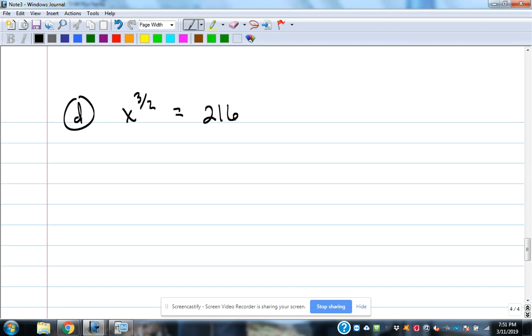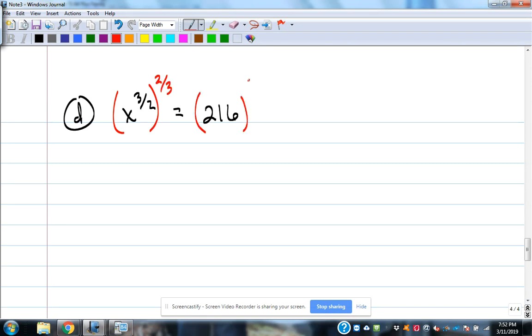The reciprocal exponent for a cube root is 3. So with a rational exponent, we can get rid of that rational exponent by using the reciprocal exponent. What's the exponent on the original problem? It's 3/2. The reciprocal exponent would be 2/3.